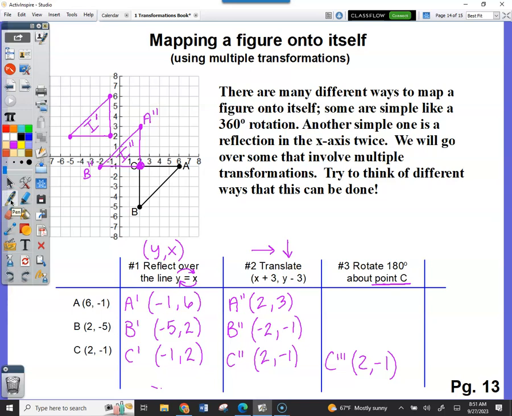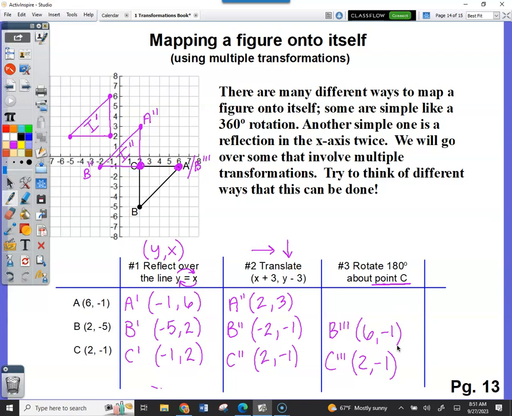So B double prime is going to rotate and land at this point right here. And this would be B triple prime. So B double prime becomes B triple prime, and the coordinates are 6, -1.